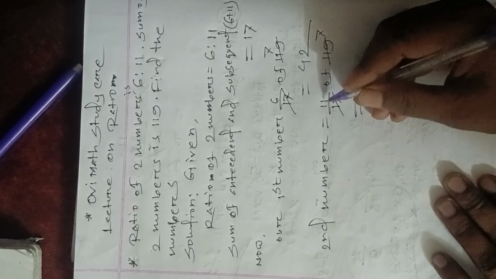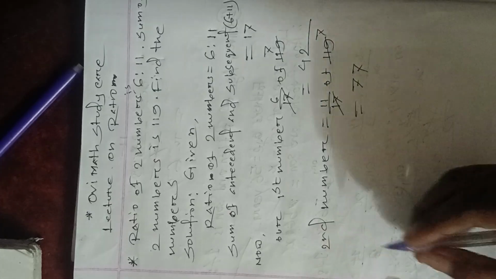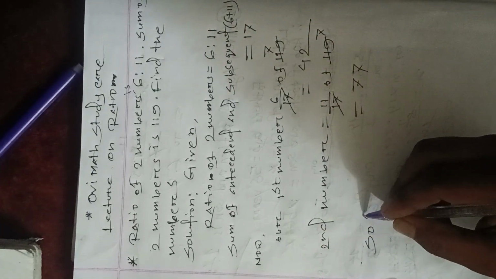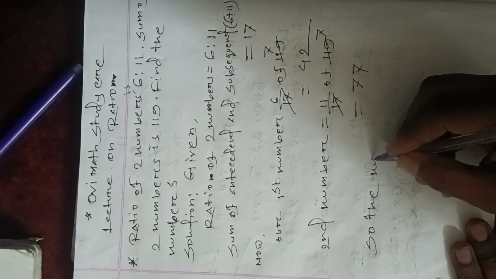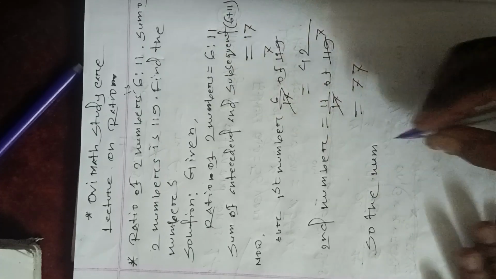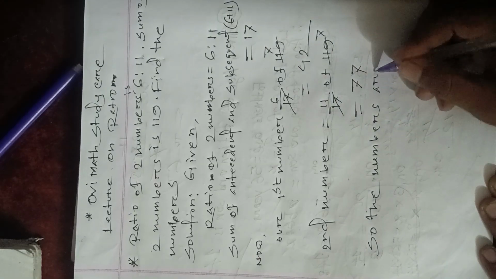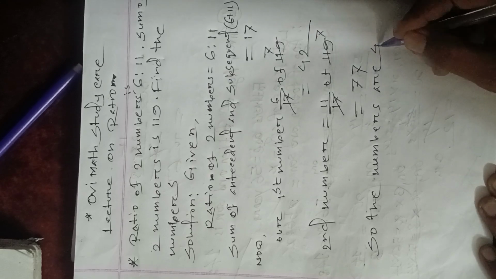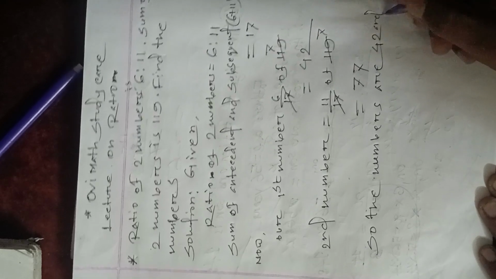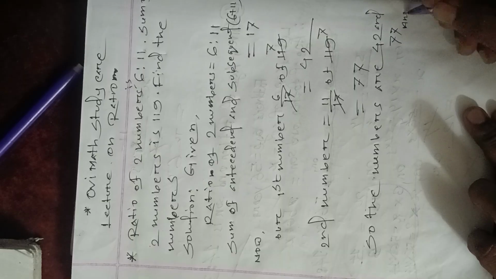Then 11 into 7, the number becomes 77. So the numbers আমাদের কি নাম্বারটা কি পেলাম? So the numbers are 42 and 77. This is the answer.